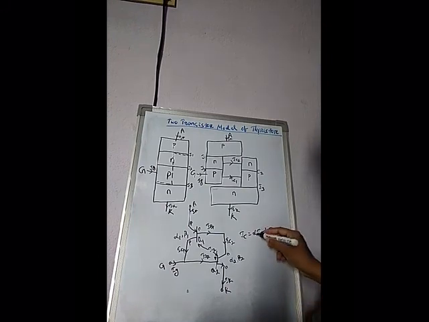IC is the collector current, alpha is the current gain, IE is the emitter current, ICBO is the collector base leakage current. Okay, where alpha is the common base current gain. ICBO is the common base leakage current of the collector base junction of the transistor.